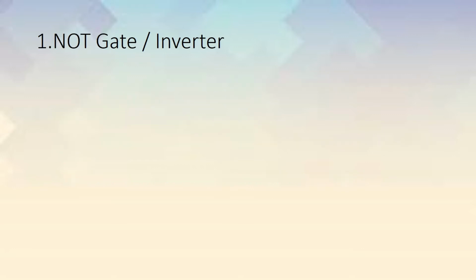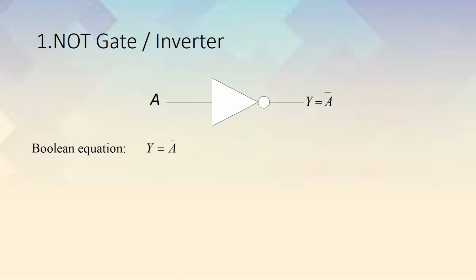Number one, the NOT gate or inverter. This is the symbol of the NOT gate, and the Boolean equation is Y equals A inverse. So how do we understand this equation? We go through the truth table.